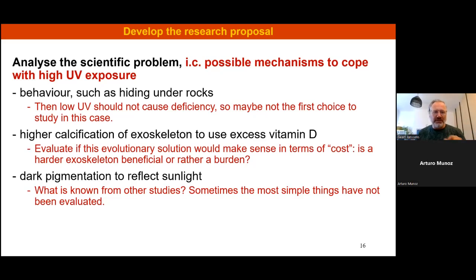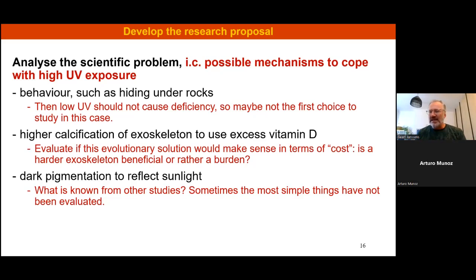So a further possibility might be, okay, if the animals can produce lots of vitamin D, they might have a higher calcification of their exoskeleton. When you talk, for instance, about Hyalella. To evaluate this, an evolutionary solution would have to make sense in terms of costs. So you need to evaluate that.